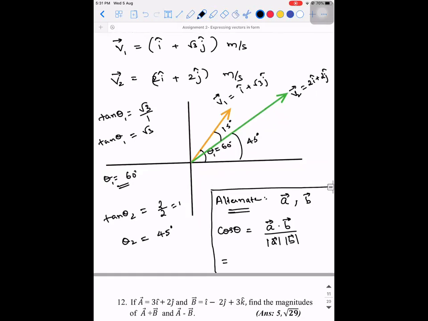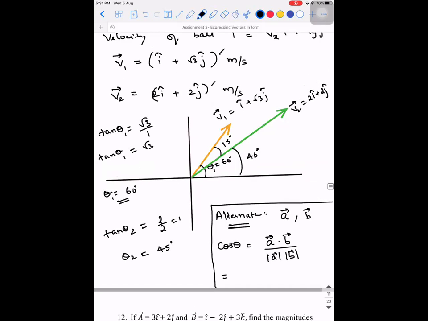So, can someone tell me what is the dot product of these two? Dot product means you just need to multiply the coefficients of i cap, coefficients of j cap and add them. So, what will be the answer? Numerator will be 2 plus 2 root 3, divided by, what is the magnitude of velocity 1 vector? Two.